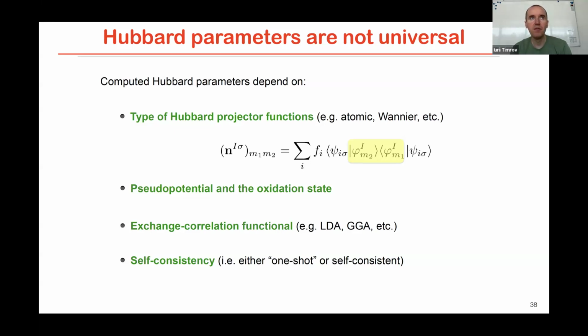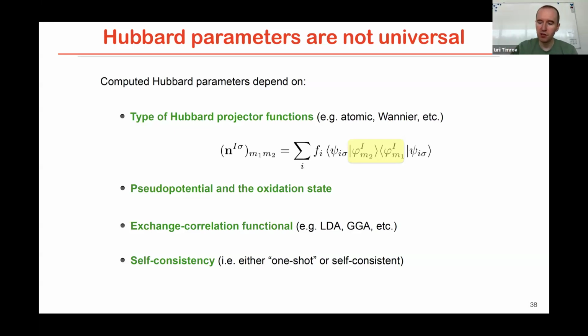For example, if you take iron and use it in iron oxide, the Hubbard U in iron oxide would be a certain parameter, let's say 5 electron volts. But then if you take another compound, let's say the one we mentioned before, lithium 0.5, iron, phosphorus 0.4, it's still iron, but the Hubbard U will be different.